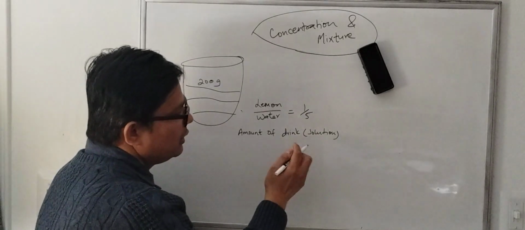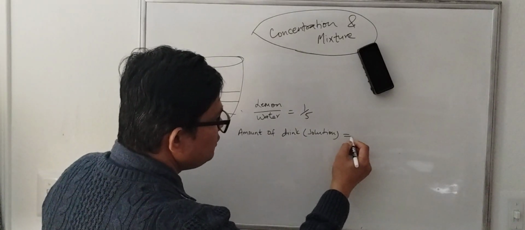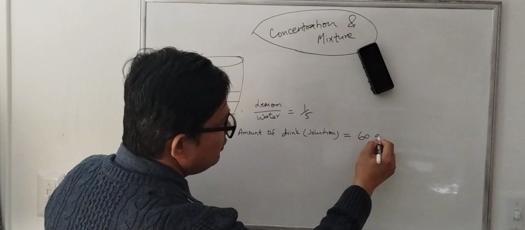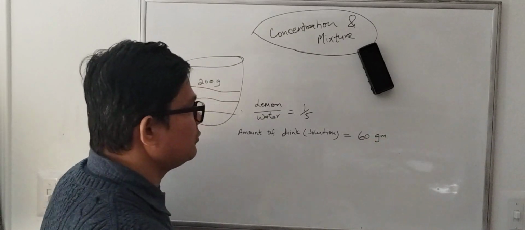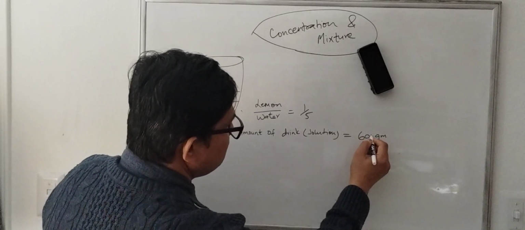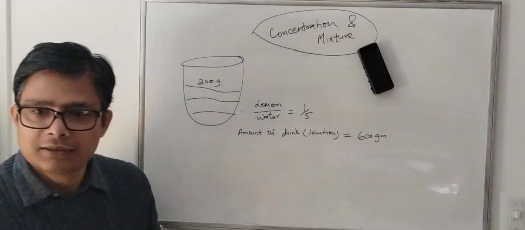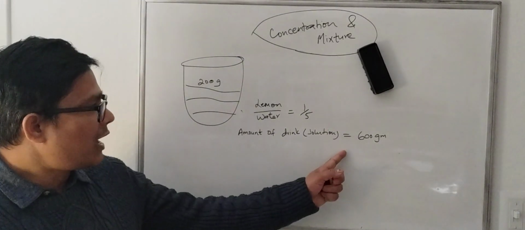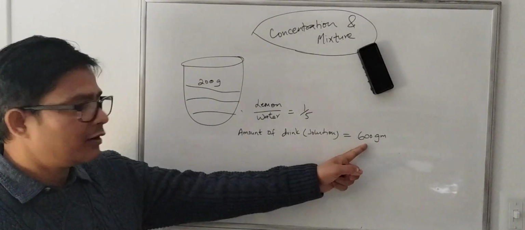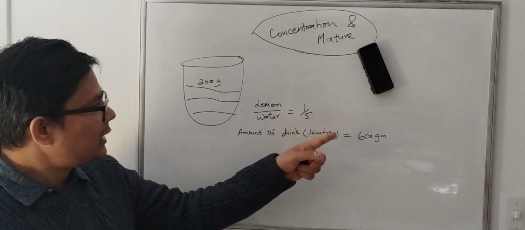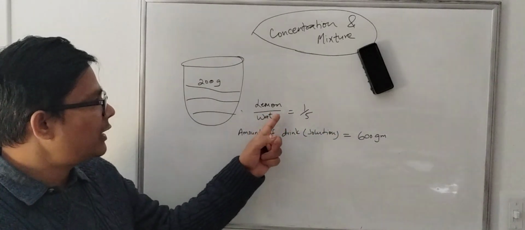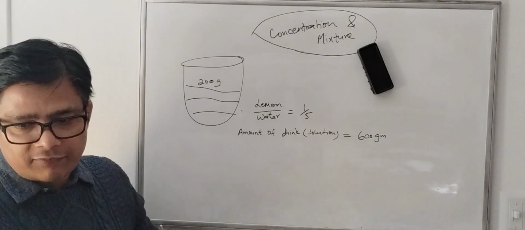Okay, so the amount of drink should be 600 gram. Let's say I want to make 600 gram of lemon water. You have to make lemon water of 600 gram. In that 600 gram, the ratio of lemon and water should be 1/5.